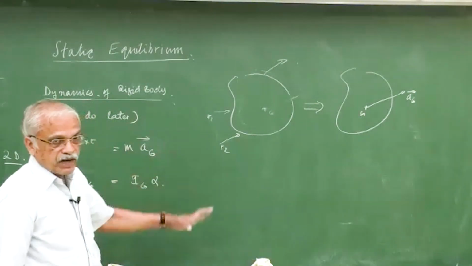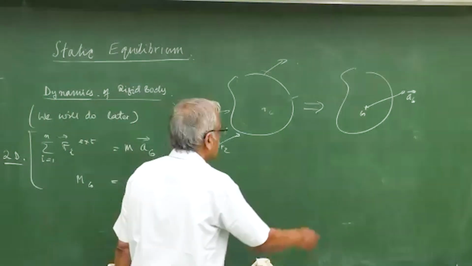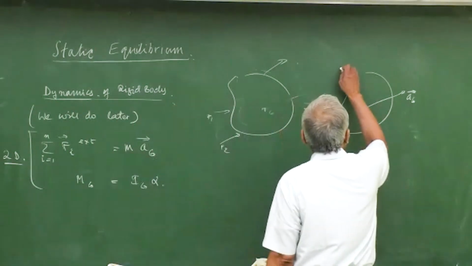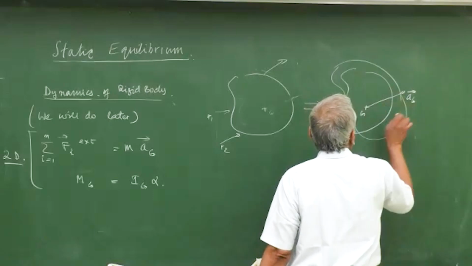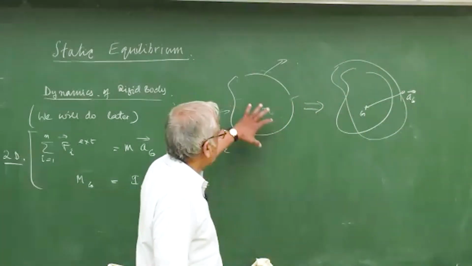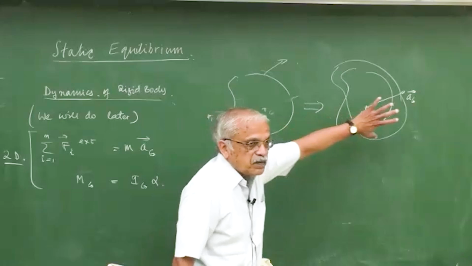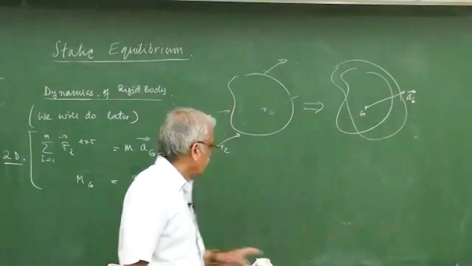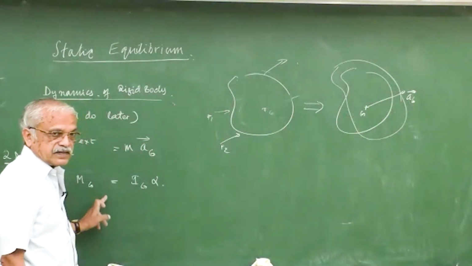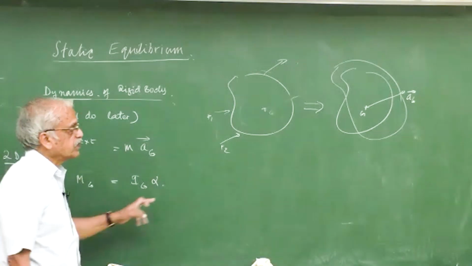That's one part. Apart from that, this will also create a rotation. The body, which was originally like this, may also rotate. That is what this equation tells us.